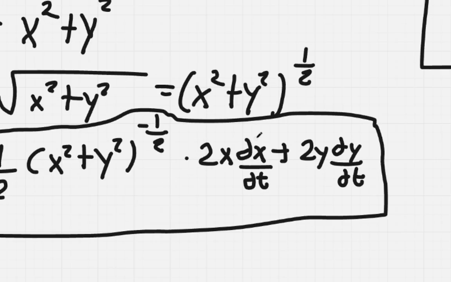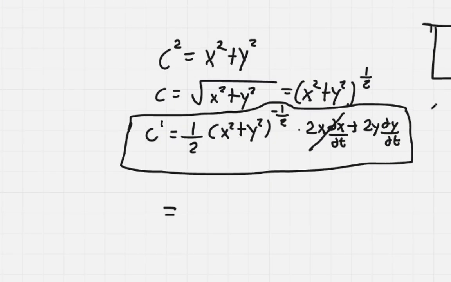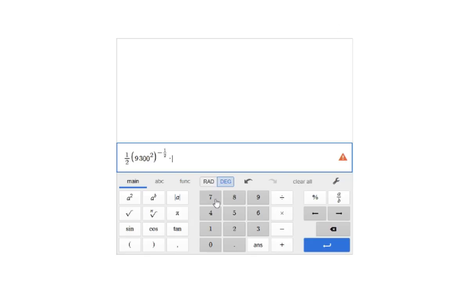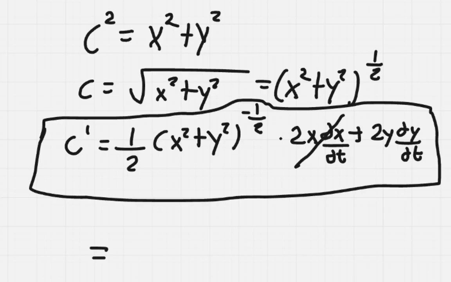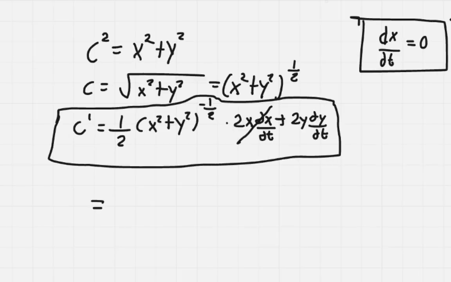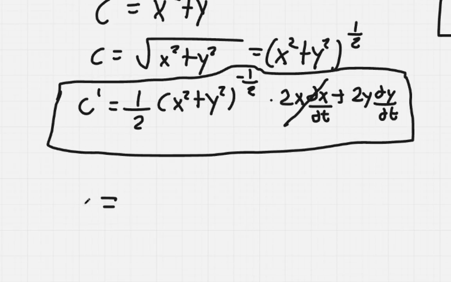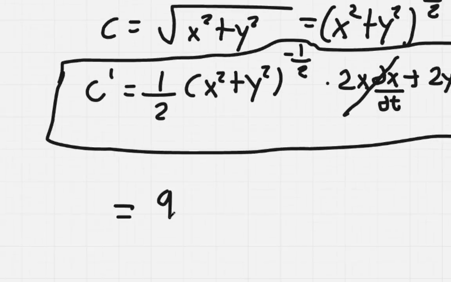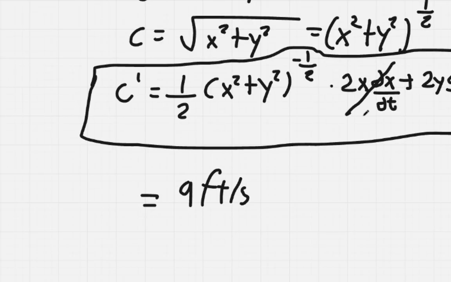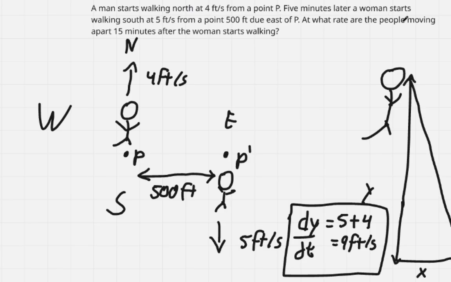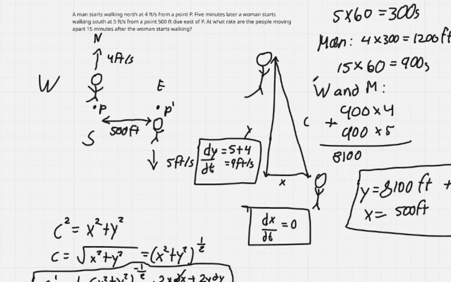So it's 0, and therefore we can cancel this part of our formula and just plug in the 2y dy over dt. So 2y is 2 times 9,300, and the change is 9 feet per second. So this is equal to 9 feet per second. And that is the rate at which the people are moving apart at the 15-minute mark.